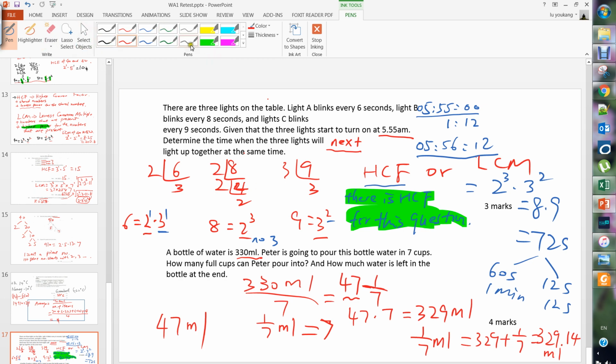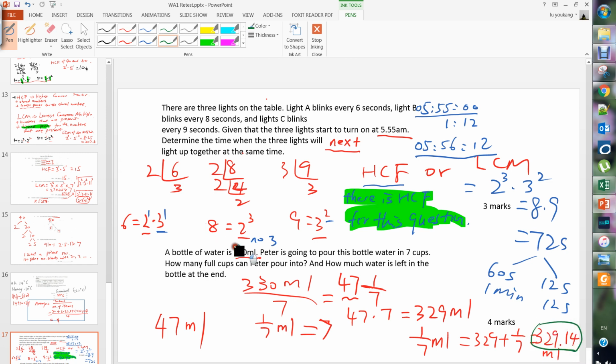So you clearly see that this is not the original volume of the bottle of water you started with. So therefore you don't make these mistakes. Don't make these mistakes.